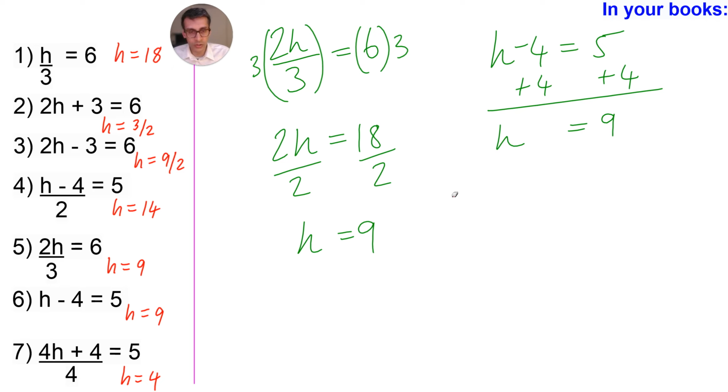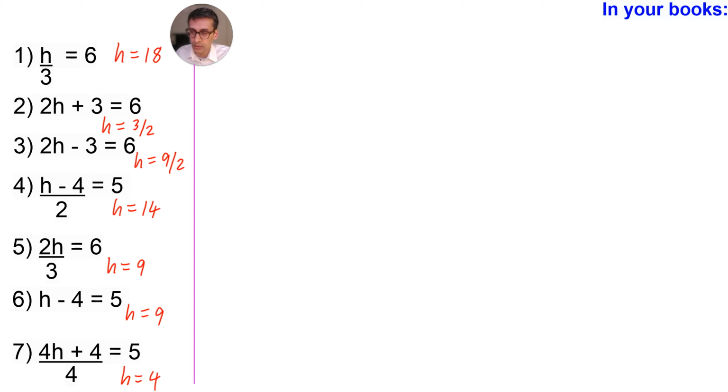And then the last question, question 7, this one will involve 3 steps. Let's do that on a new slide here. I want to do 4h plus 4 divided by 4 is equal to 5.